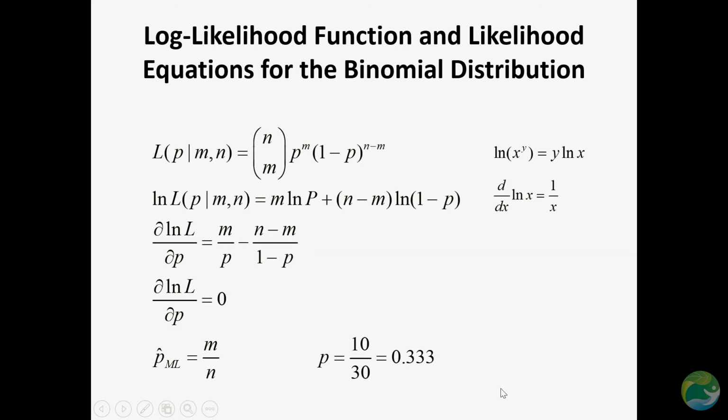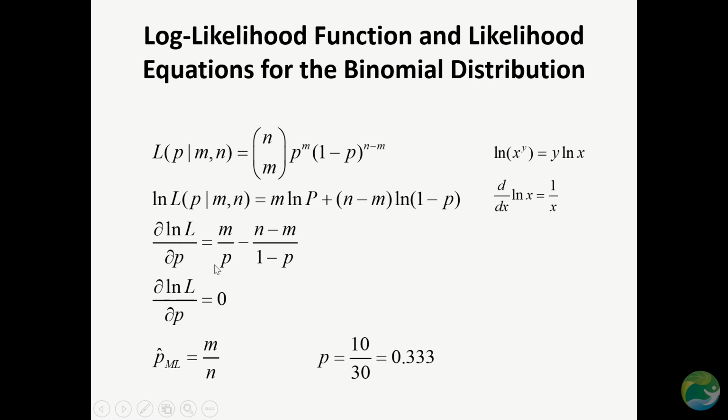So, the log likelihood function and the likelihood equation for the binomial distribution. This one is the likelihood function for the binomial distribution. This one is the log likelihood function for the binomial distribution. For the log likelihood function, let's take the derivative with respect to p.